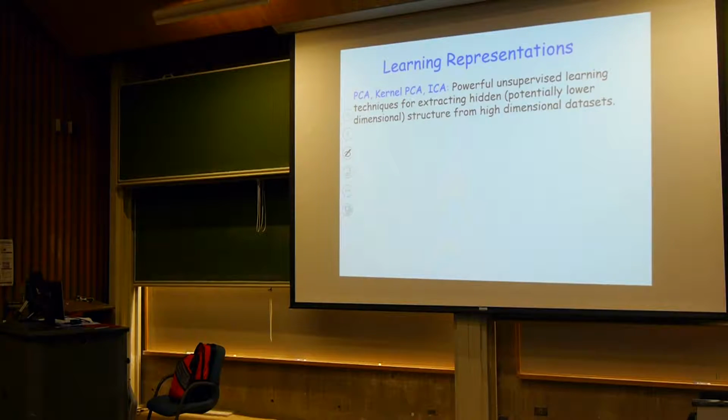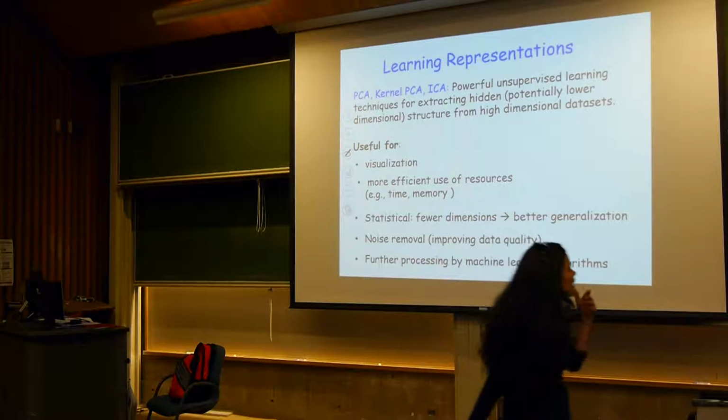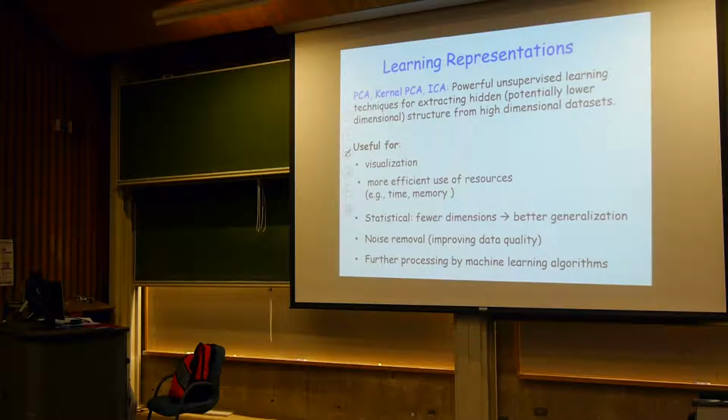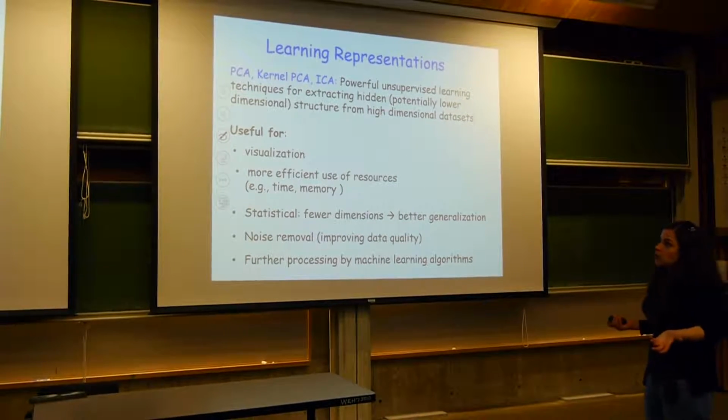Okay, cool. So let me also summarize some of the reasons for which you want to do that, right? If the data lives intrinsically in a very high dimensional space, but somehow there is a hidden lower dimensional structure, it might be useful to first recover the structure, potentially using unsupervised learning, and it might be useful for several reasons.